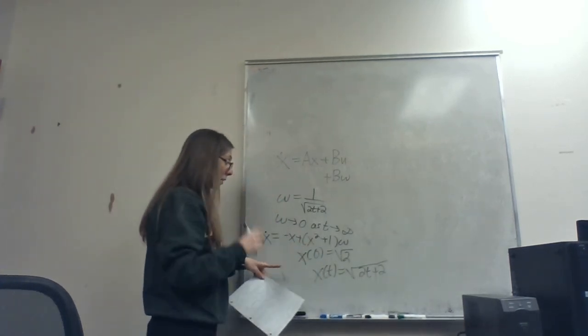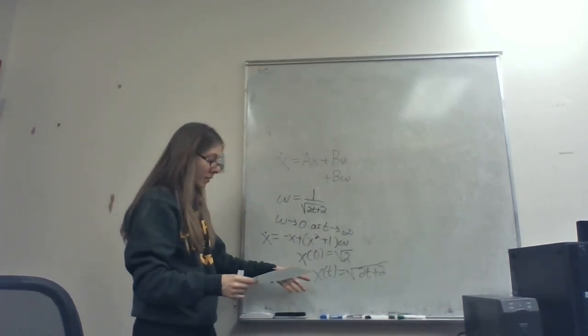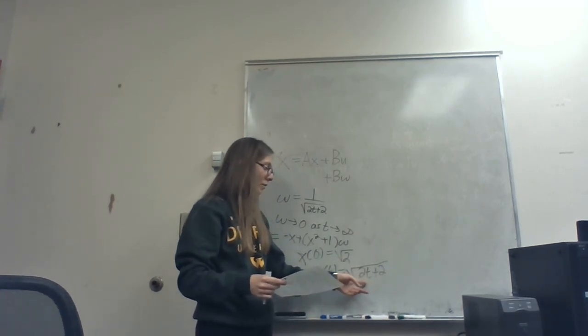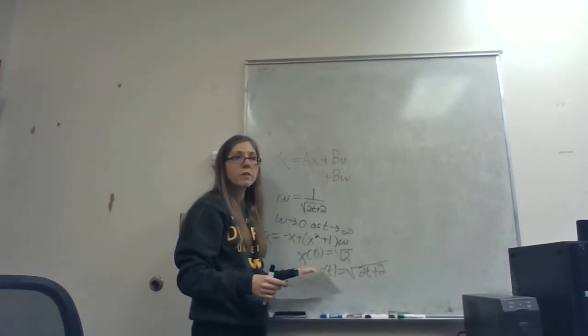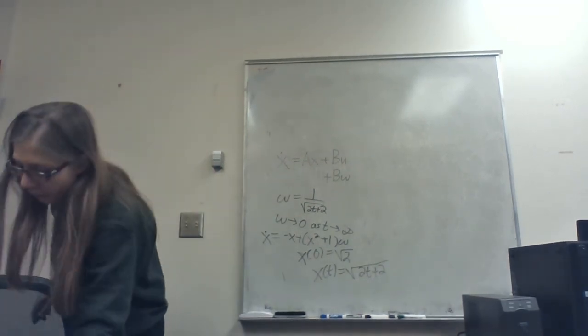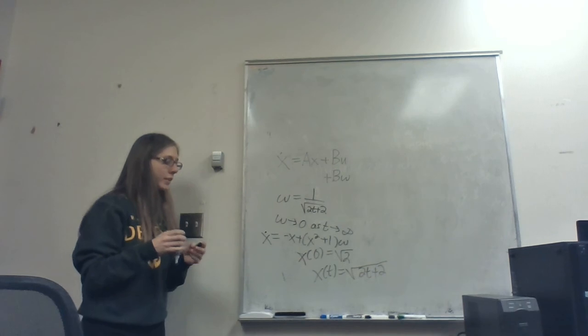I've not tried to verify that, but you could plug it into both sides and see. In this case, as time goes to infinity, x goes to infinity, even though the disturbance was bounded. So all kinds of weird stuff that you never think of can happen with nonlinear systems.